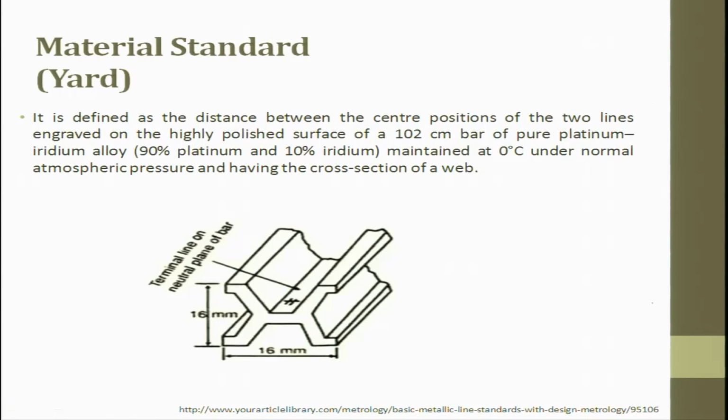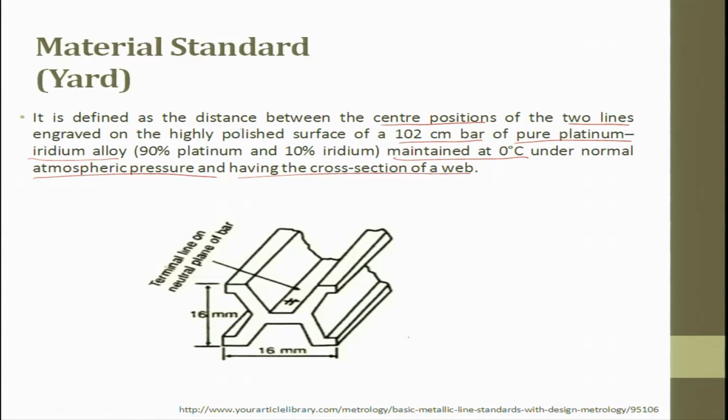Right. So, the meter is defined as a distance between the central positions of two lines engraved on the highly polished surface of a 102 centimeter bar of pure platinum and iridium alloy, which has a composition of 90% platinum, 10% iridium, maintained at 0 degrees under the normal atmospheric pressure and having a cross section of the web.